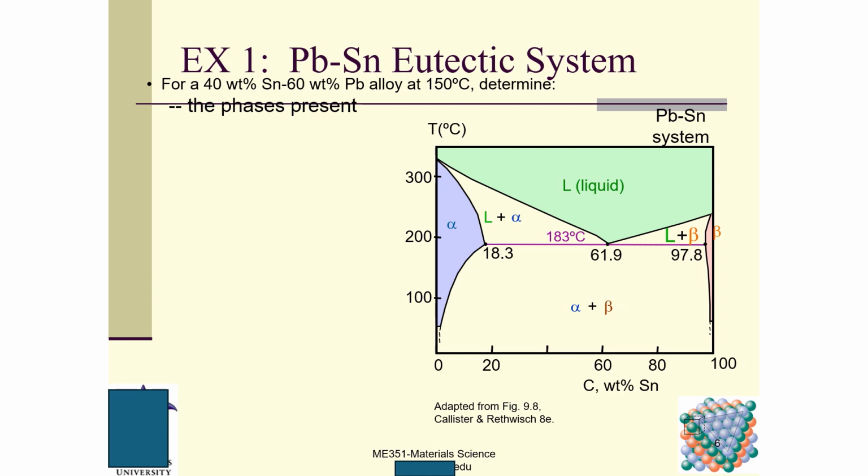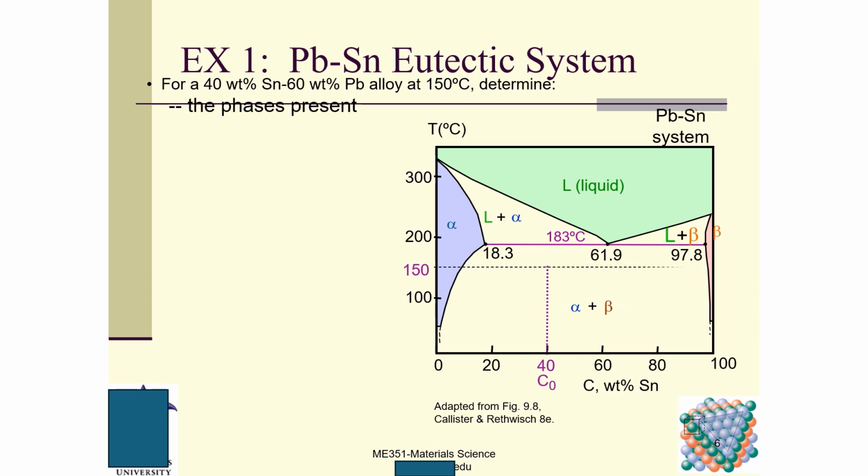Here we have two solid phases, alpha and beta. This is the eutectic point, with the eutectic composition and eutectic temperature. So you should know how to read the phase diagram.